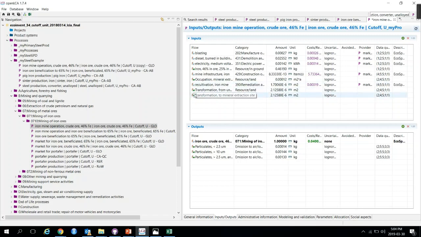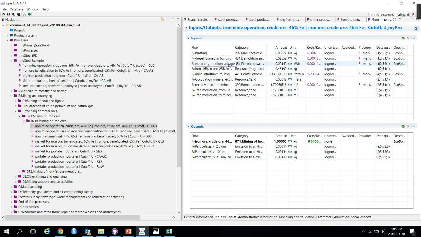Anywhere you see an F with this green, that means it's from nature, or resource extraction, or resource occupation or transformation. Here's our resource, ore from the ground. Maybe they have a different number to produce 1 kilogram of iron ore. Maybe the concentration is different, right? So that's something that you might change, and you might change the associated emissions per kilogram of iron ore produced.